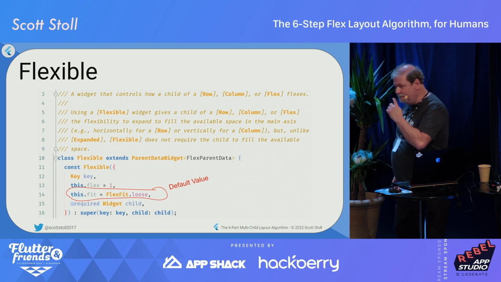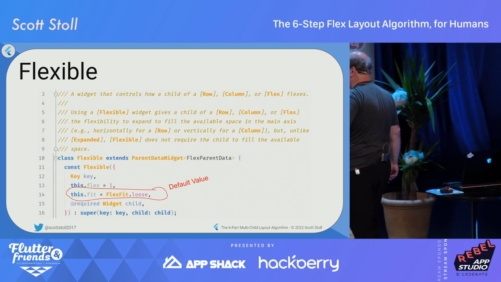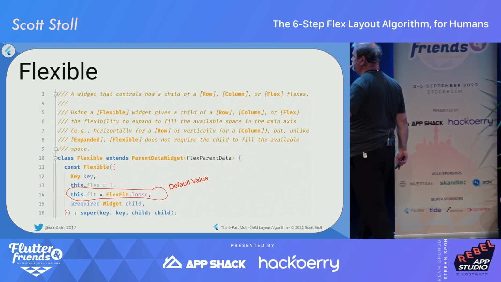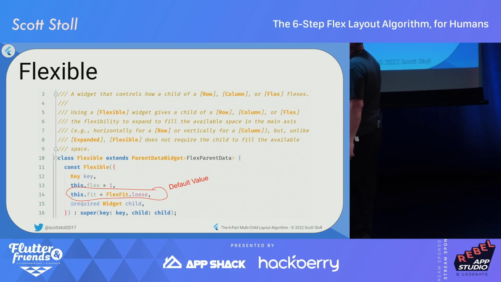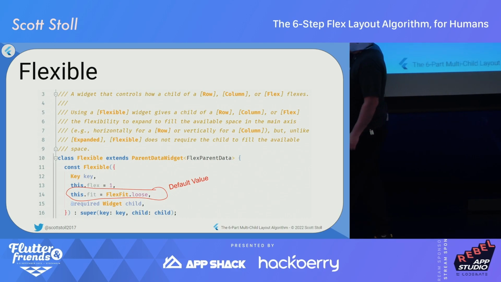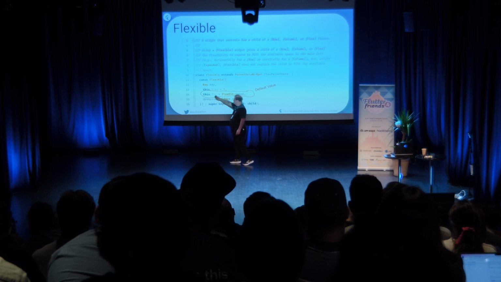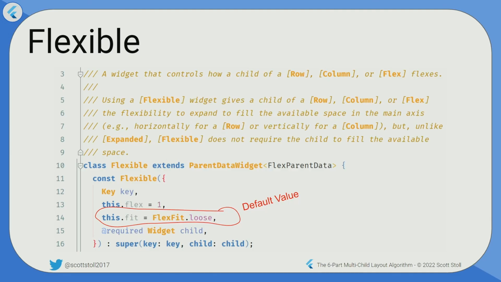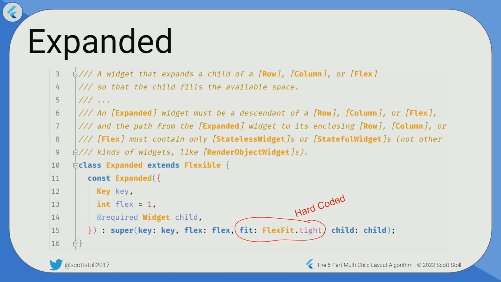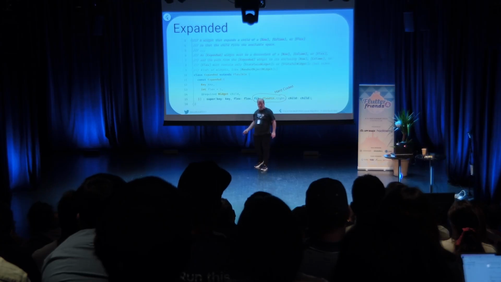And actually, with this crowd, I'm going to go a little bit deeper into this. As you know, this is the constructor. We are passing this, okay, to the flexible. Now, the reason that's significant is when we get into the expanded, it extends the flexible, which means it has all the properties of the flexible unless we change something.